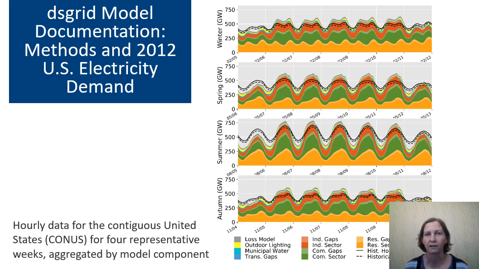Our weekend load is often too low, especially in the peak season, which for the US is in the summer months. And we also see that there's too much swing in our bottom-up representation from the middle of the day to nighttime as compared to what we see historically.